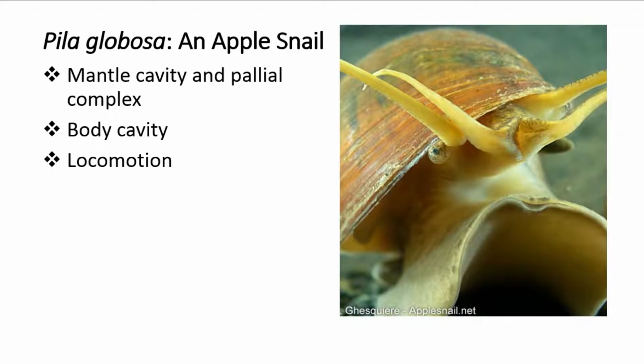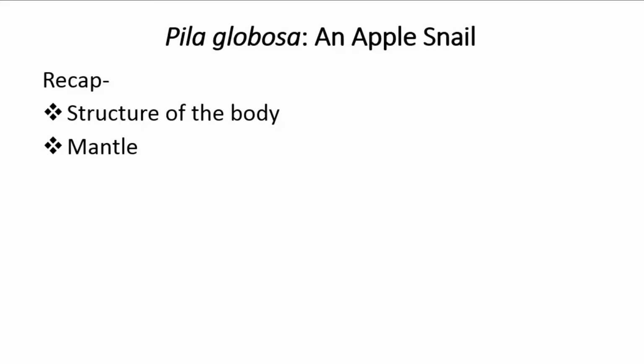Thereafter we are going to see the body cavity and locomotion, from the chapter Pila globosa, the apple snail. In the last lecture we dealt with the structure of the body and mantle.